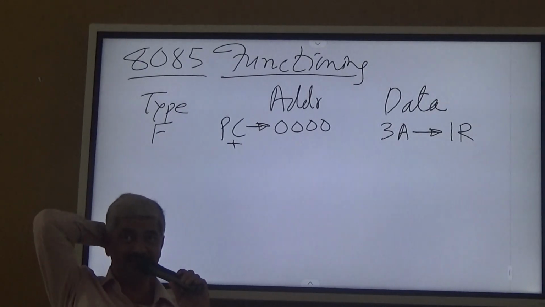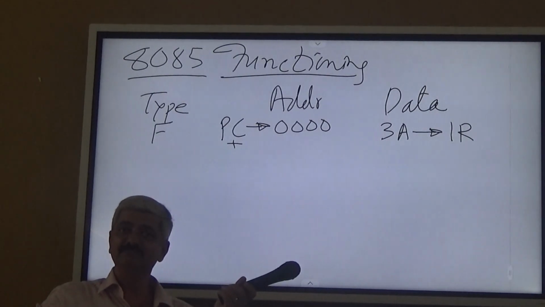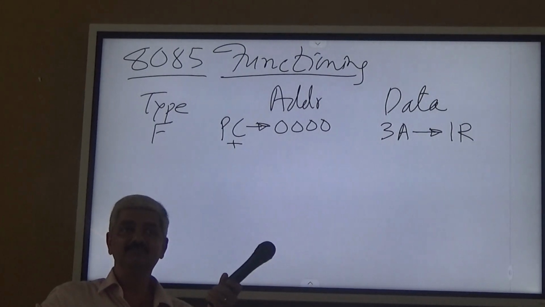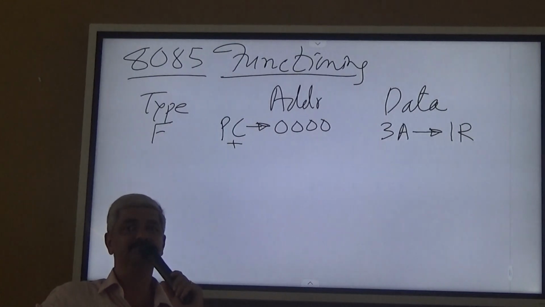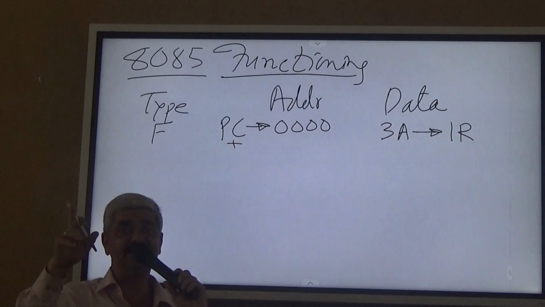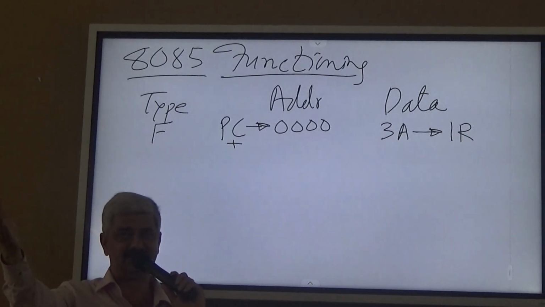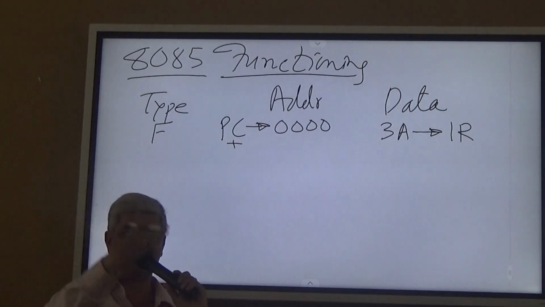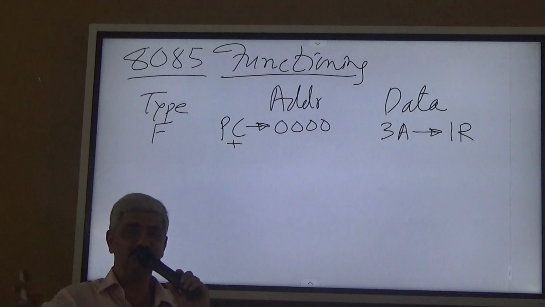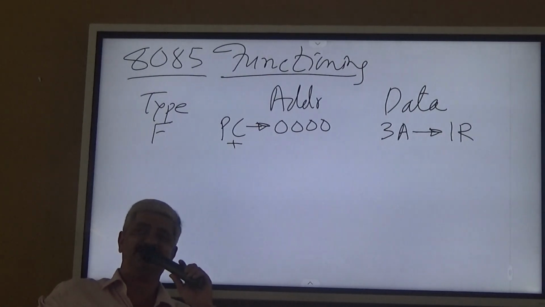To completely specify the source, what else is needed? What is needed? Address. Bring from external memory location to accumulator. Which location? So external memory, there can be 65536 locations.